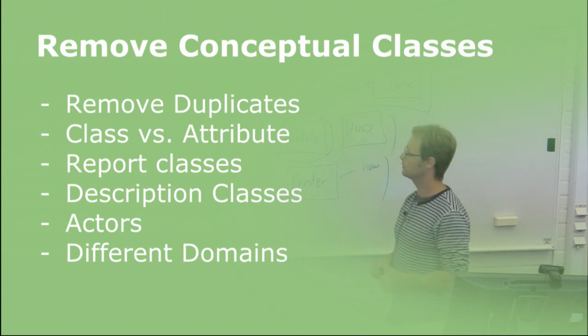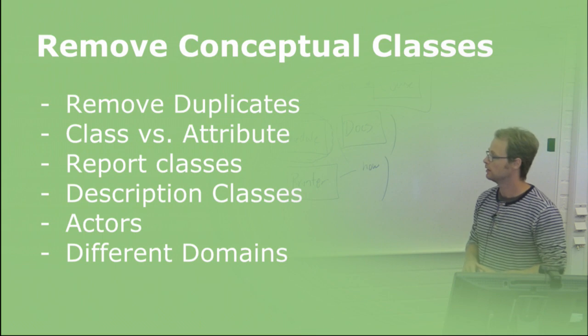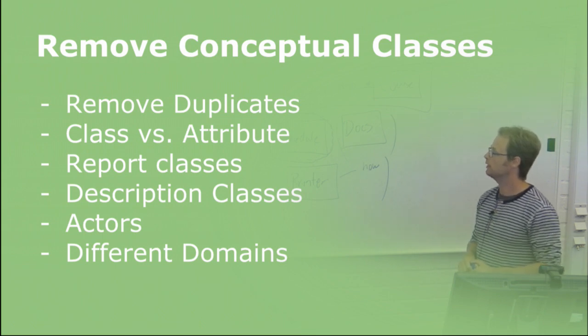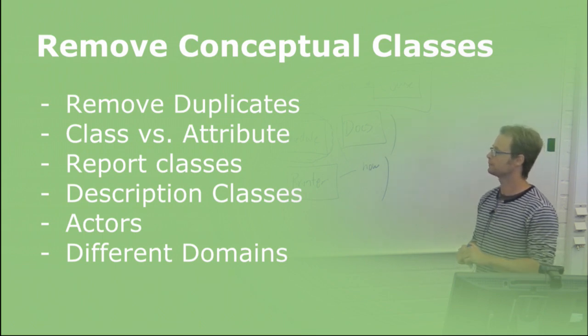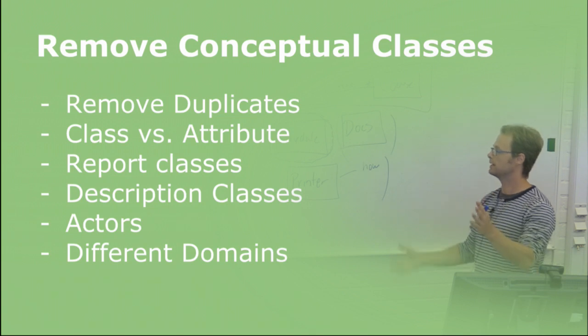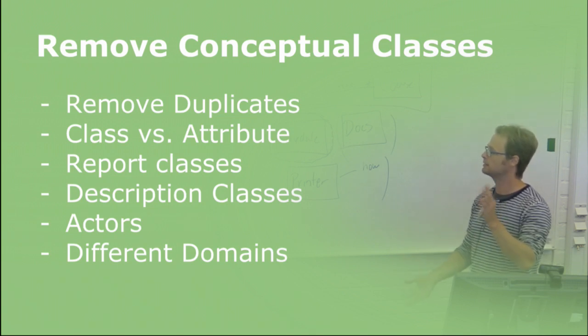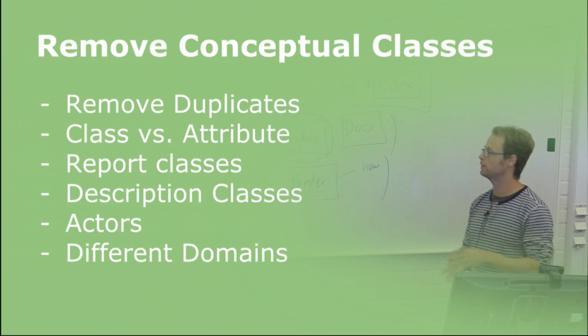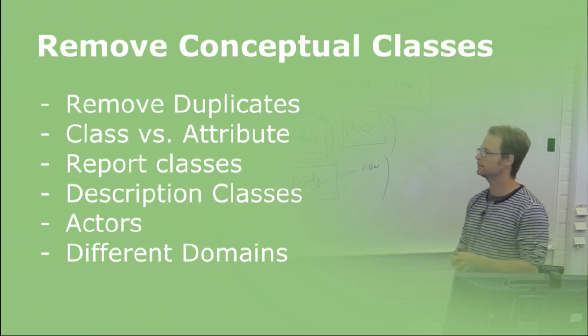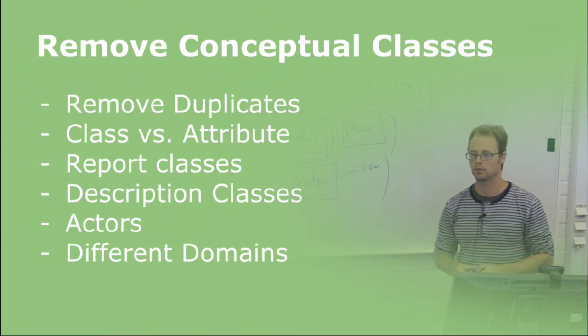Description classes, that is something that you can find if you have a class and you have some attribute in this class, but you realize that some of the attributes are actually the same for a lot of these objects.